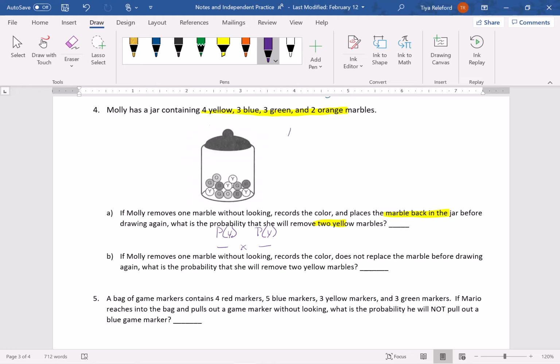You're going to have to add 4 plus 3 plus 3 plus 2. I think you get 12. And we want a yellow marble. So there's 4 yellows. We put the marble back in, so we still have 12, and your top number is still 4. Now you can simplify first, or you can simplify in the end.